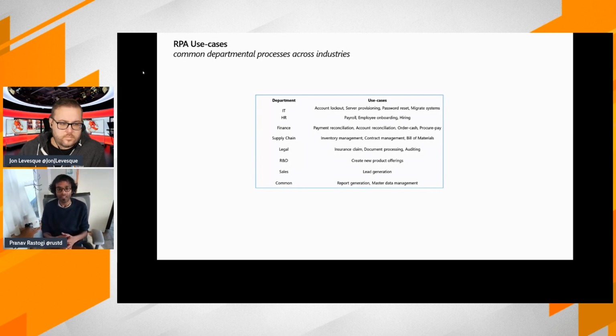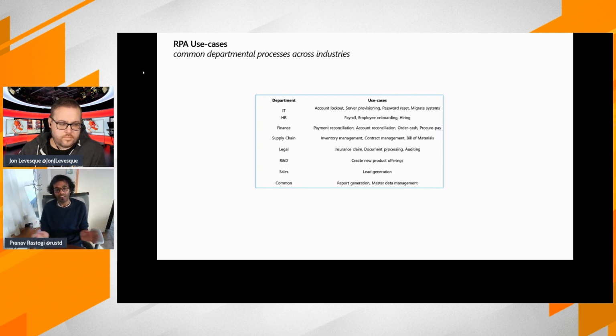But the key thing is these are common departmental processes where you can use RPA, like in finance around payment reconciliation, inventory management and supply chain, document processing or auditing in legal, doing lead generation.